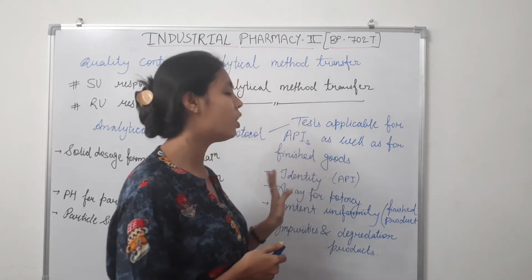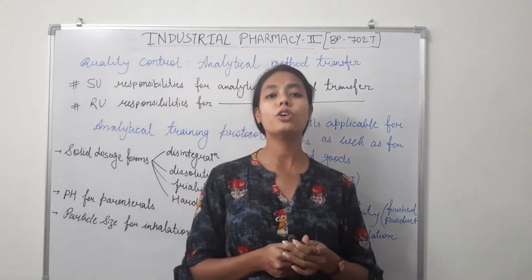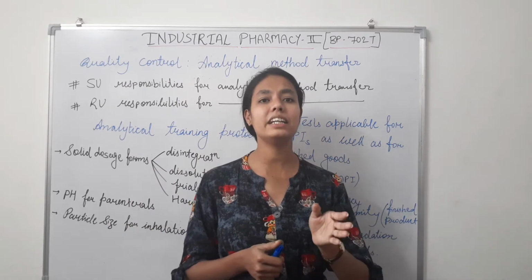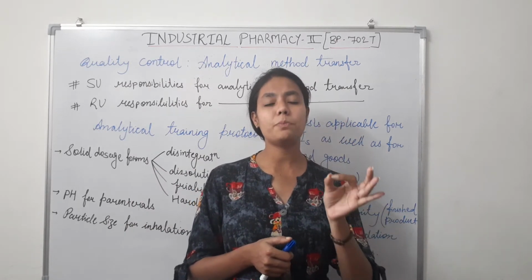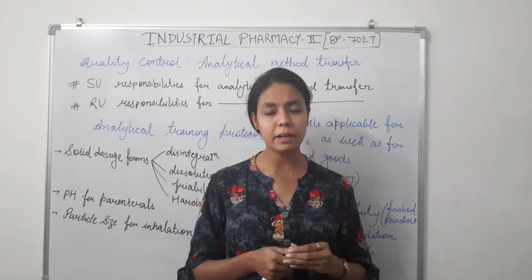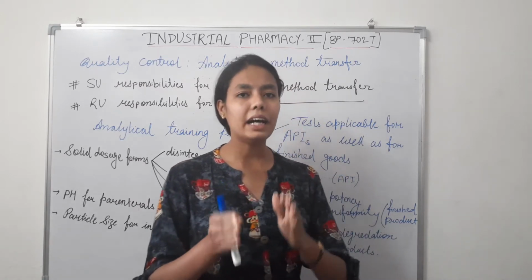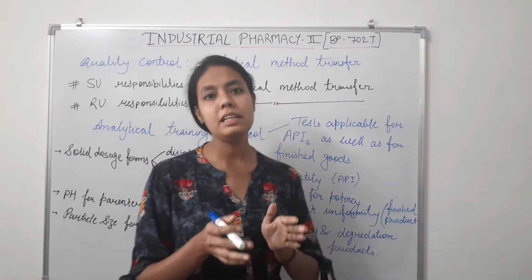For example, if we talk about spectrophotometers, it is not necessary that the same company's spectrophotometer and the same model number is there, but the principle should be the same.